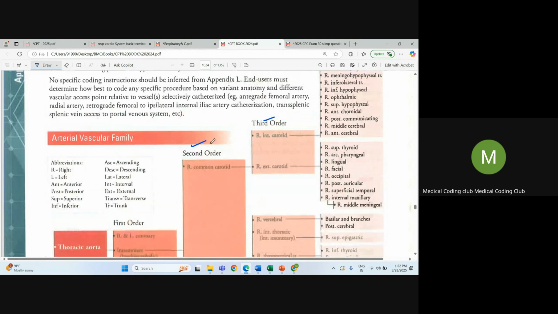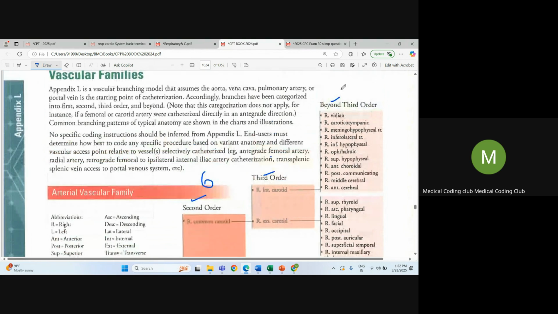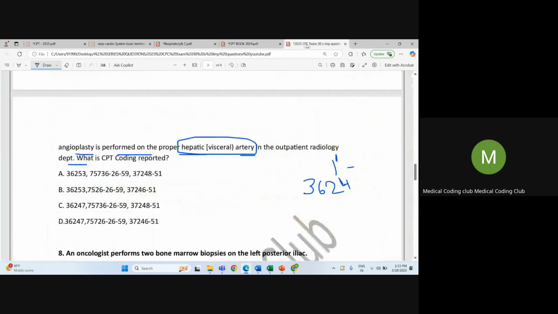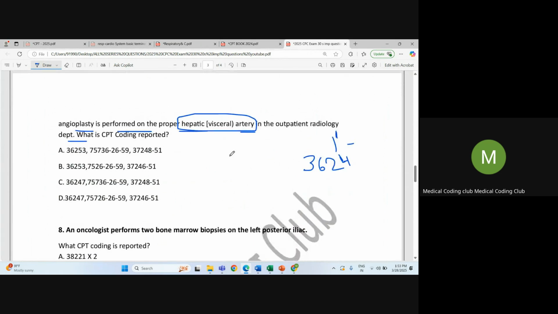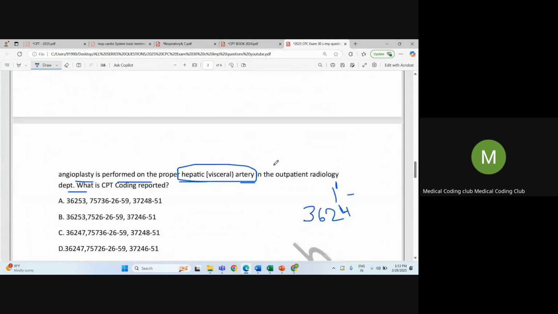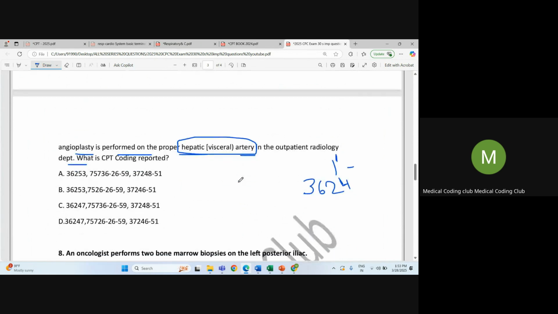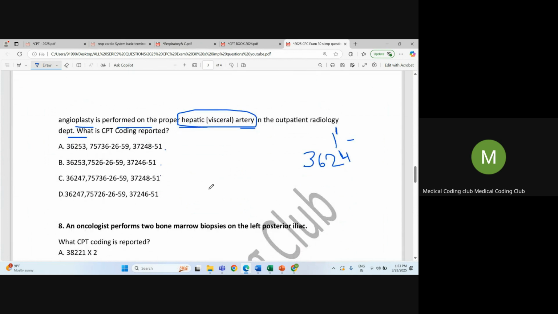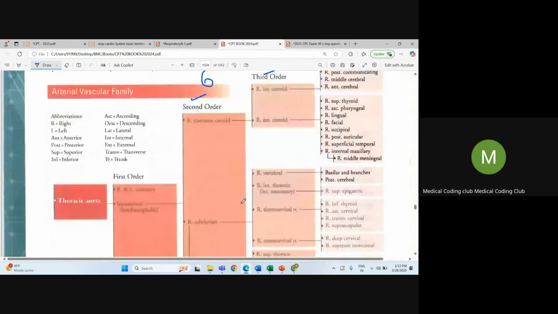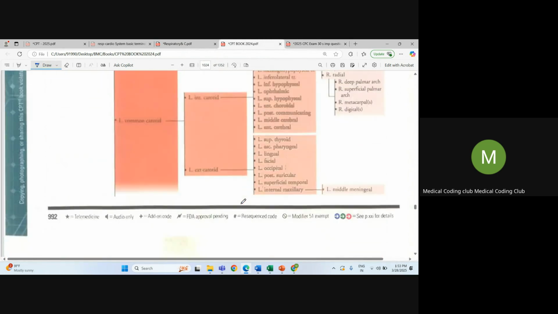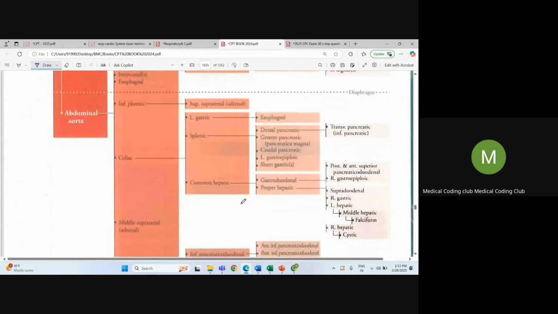For example, for second order it is 6, and for third and beyond third order, we give the order entry site as 7. In our question, they have given the hepatic artery and another artery. You can take time and navigate all the options. Even if I explain roughly, you may not understand, so I will just refer to it orally.